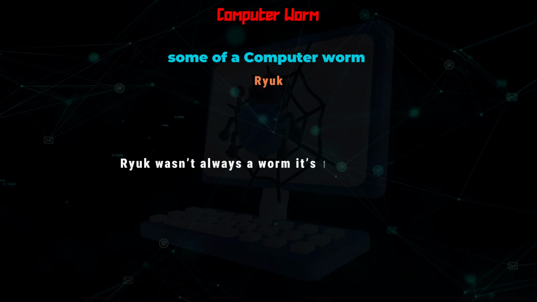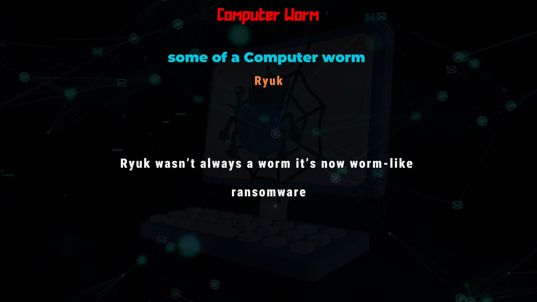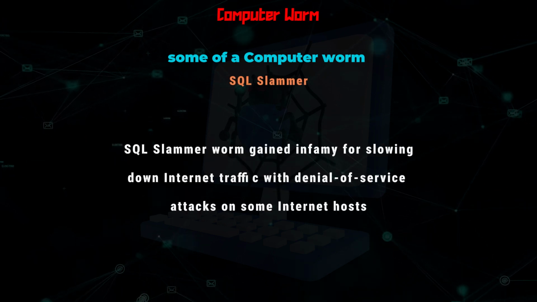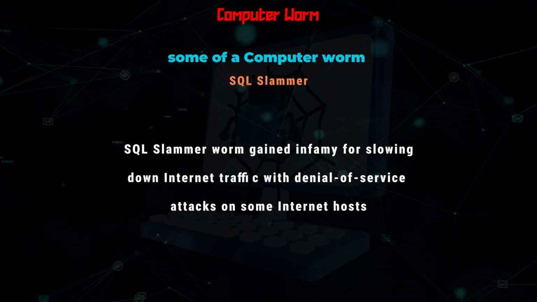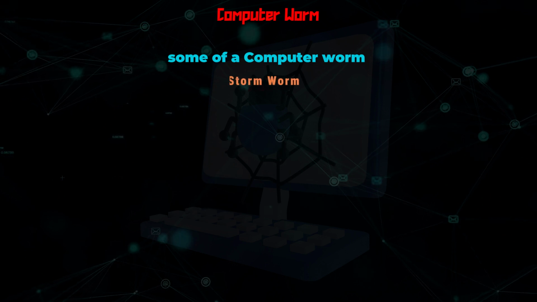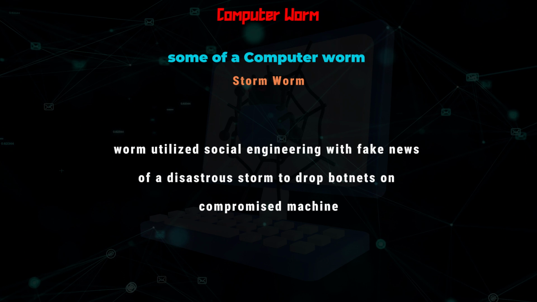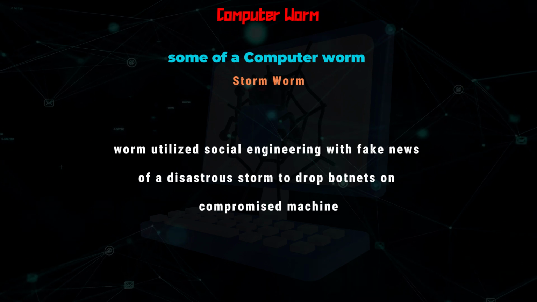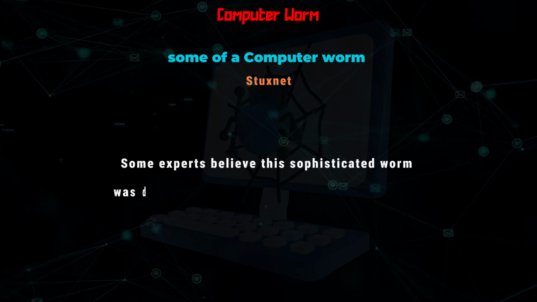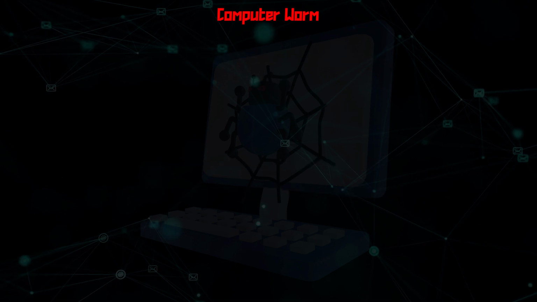Although Ryuk wasn't always a worm, it's now worm-like ransomware. SQL Slammer. The SQL Slammer worm gained infamy for slowing down internet traffic with denial-of-service attacks on some internet hosts. Storm worm. This worm utilized social engineering with fake news of a disastrous storm to drop botnets on compromised machines. Stuxnet. Some experts believe this sophisticated worm was developed for years to launch a cyber attack.